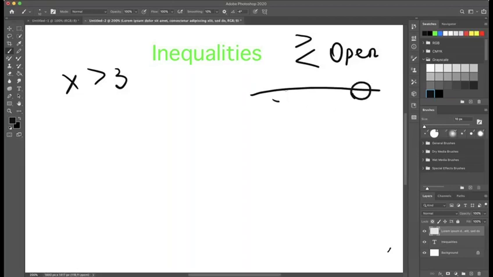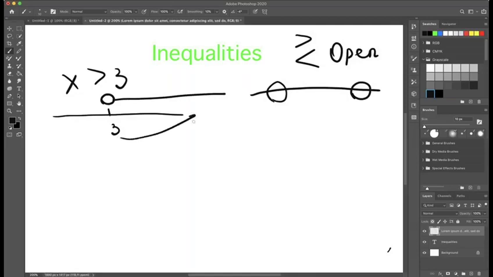An empty circle. Exactly for 3 on the number line, an empty circle, and this arrow means that I have to go to the right. So all the values from 3 up to plus infinity.